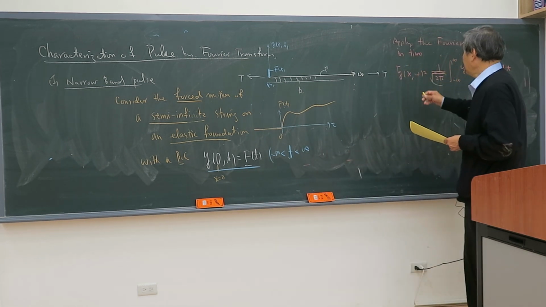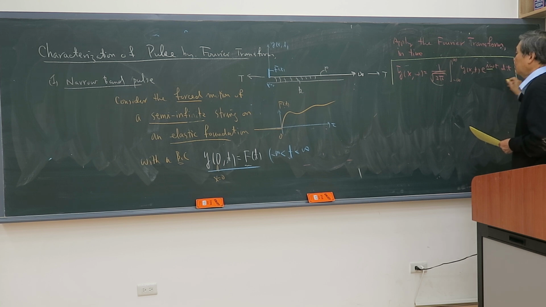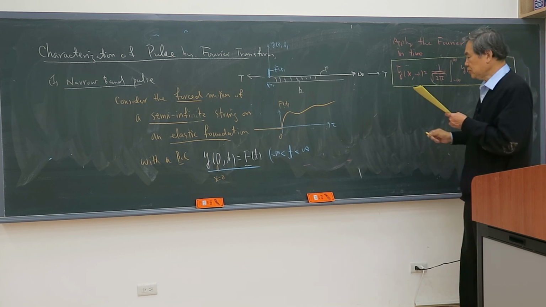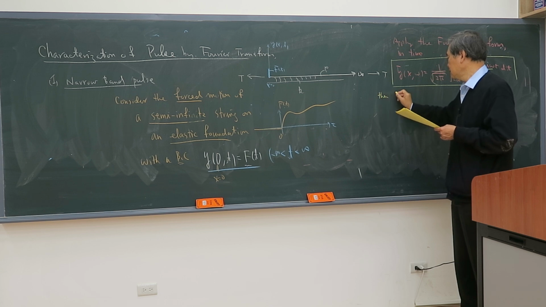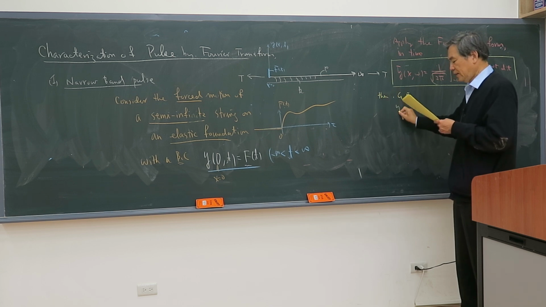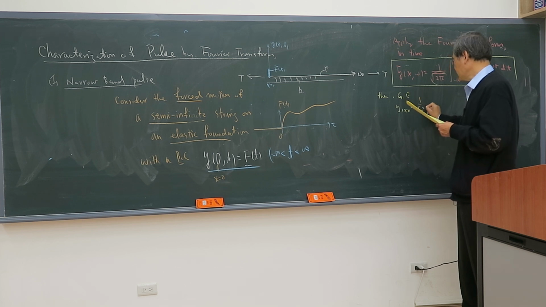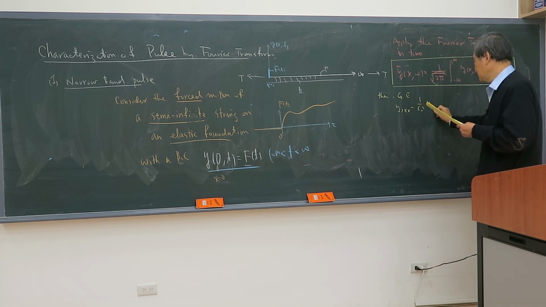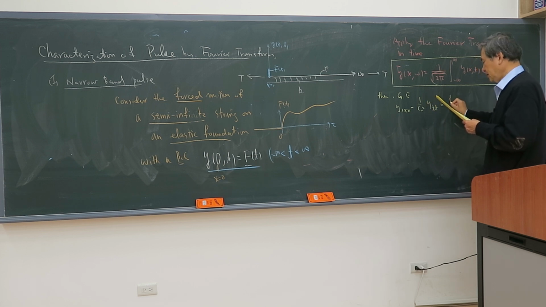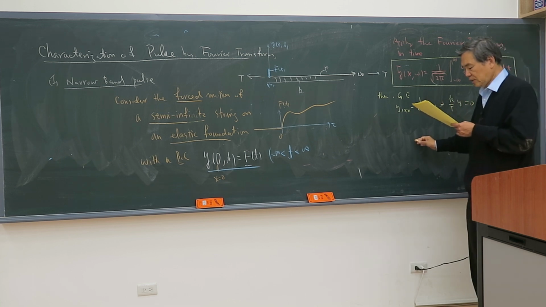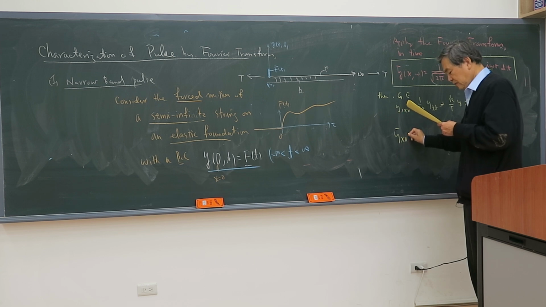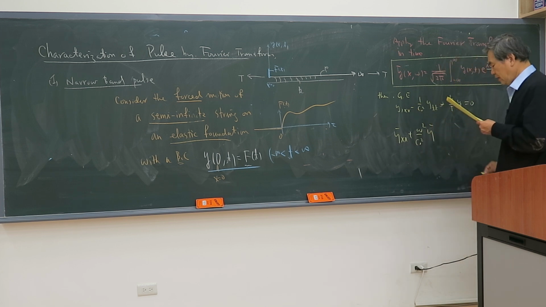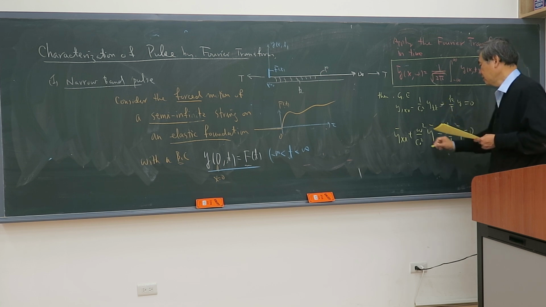So, if I define this as the Fourier transform, then my governing equation y_xx minus 1 over c0 squared y_tt minus k over T y equal to 0 becomes y bar_xx plus omega squared over c0 squared y bar minus k over T y bar equal to 0.